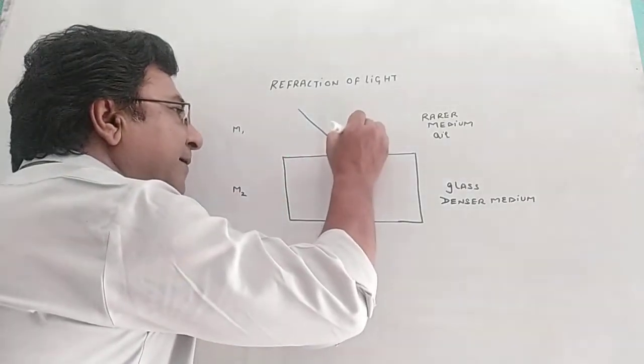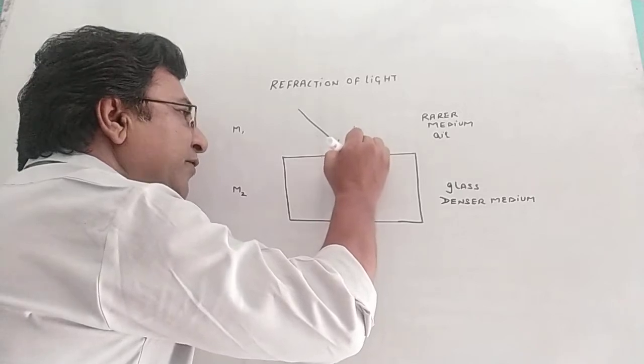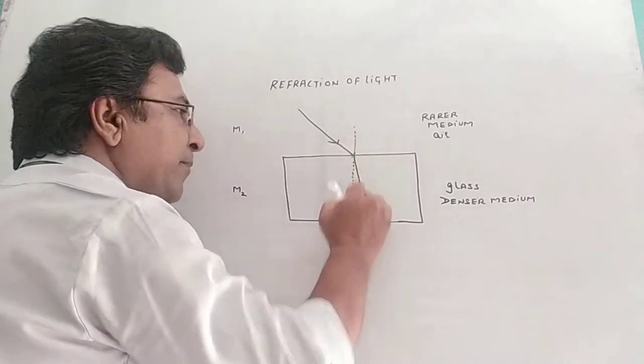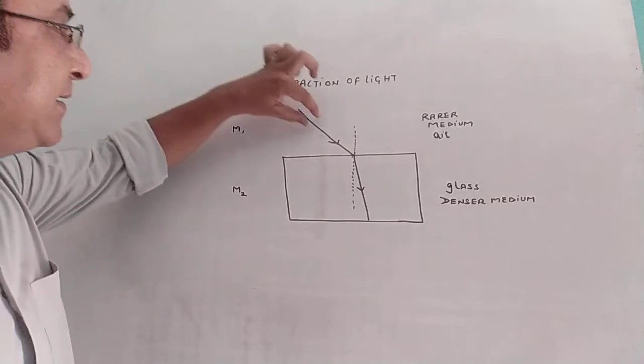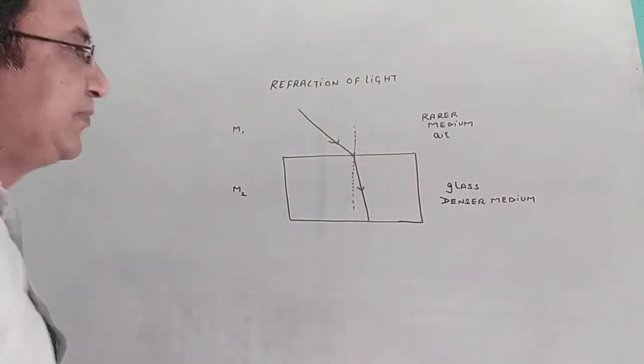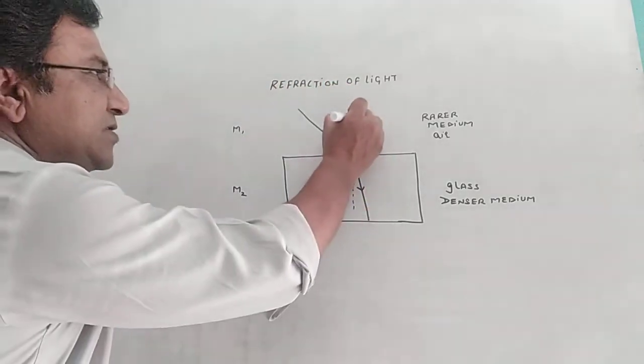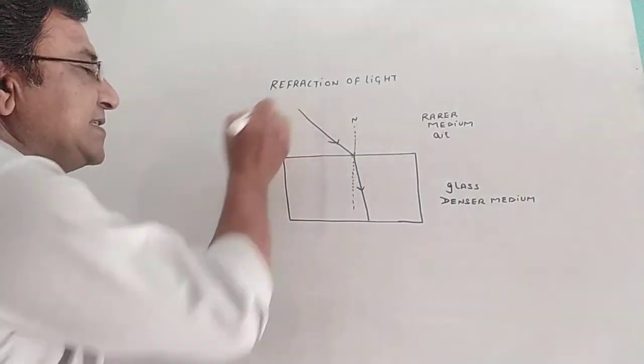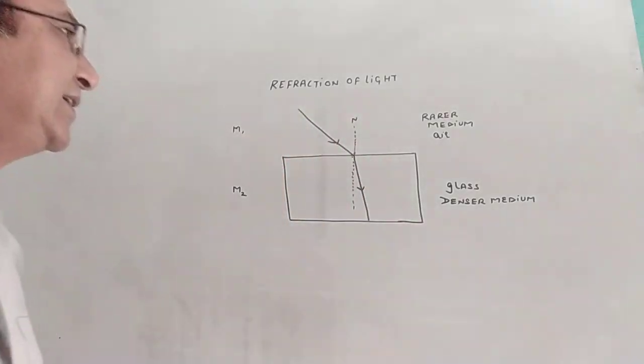Let's draw a normal here. What do we see? We see the refracted ray is bending towards the normal. So this is the normal, this is the incident ray, this is the refracted ray.